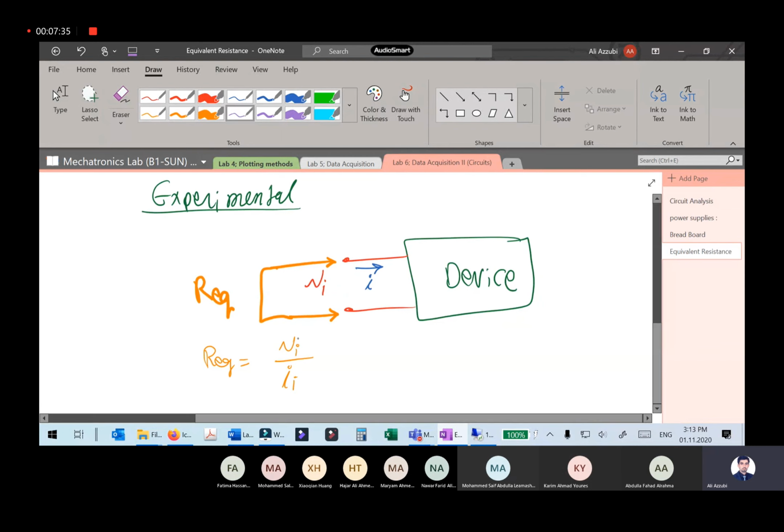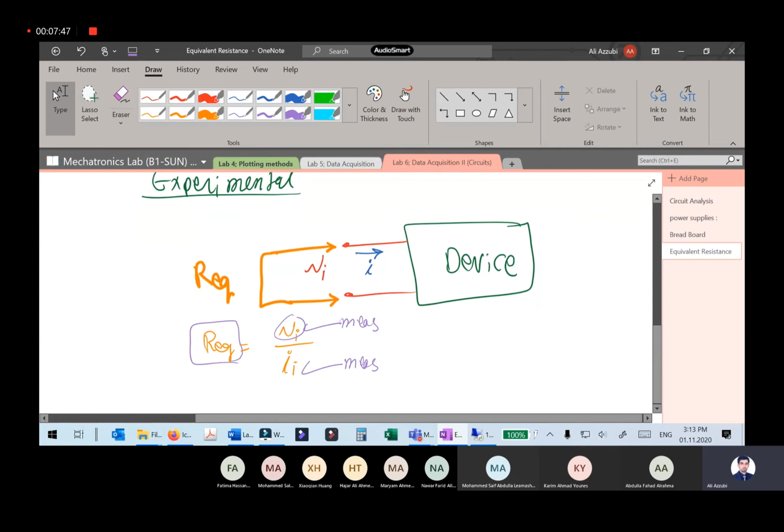And that's it. This is measured, and this is measured. You'll find an experimental equivalent resistance for your device, whether it is a resistor, transistor, diode, motor, complex circuit, whatever.